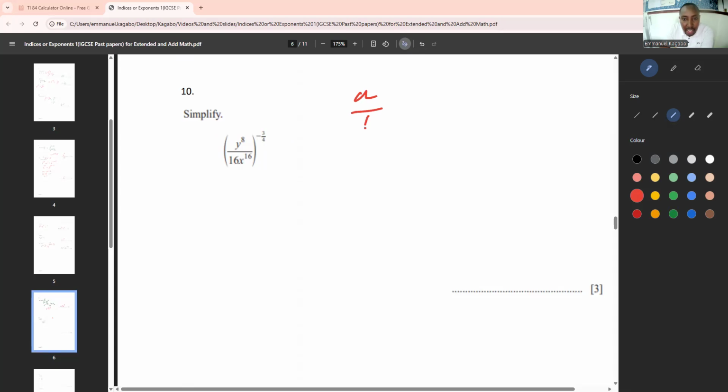Let me try to do something here. A over b power negative 1. What does that mean in mathematics? It means it's going to be a power minus 1 and b power minus 1. But the easier way, instead of doing that, is you just reverse the fraction. So instead of writing that, I can simply write b over a, right?